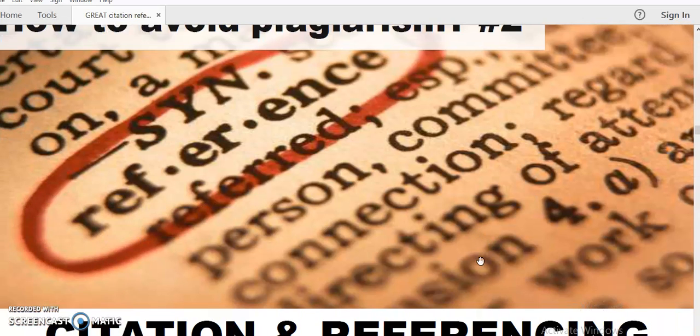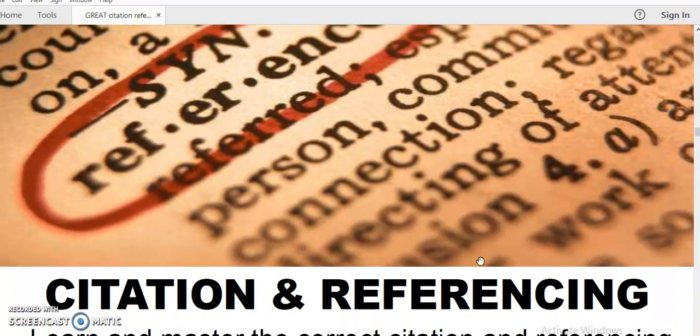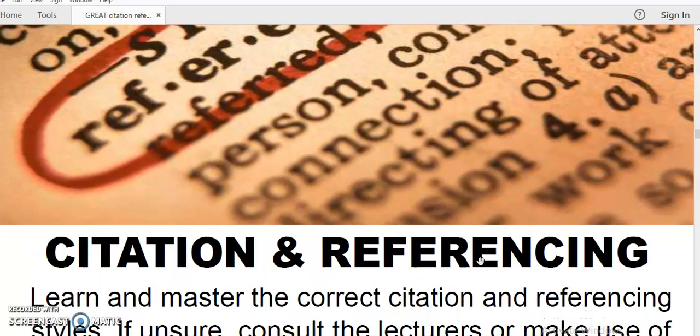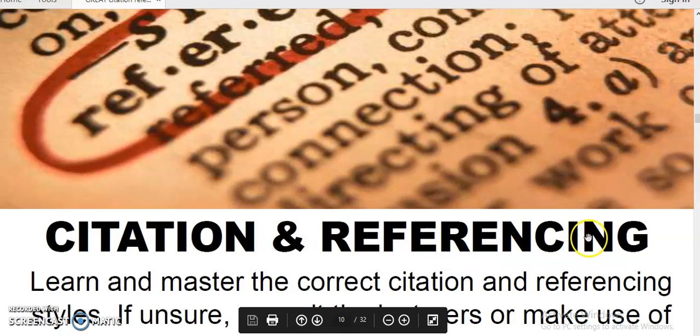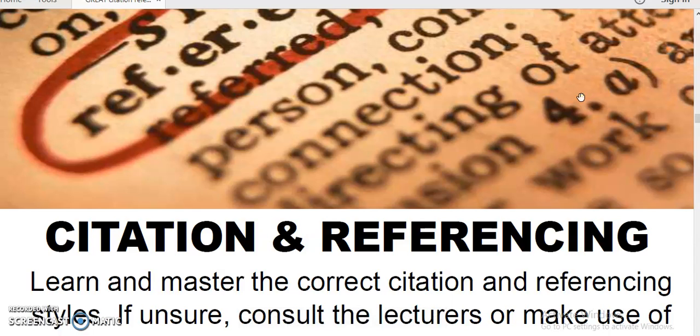Number 2, using citation and referencing. Learn and master the correct citation and referencing styles. If unsure, consult the lecturers or make use of the manual or guide. In your case, your manual or guide is your textbook.